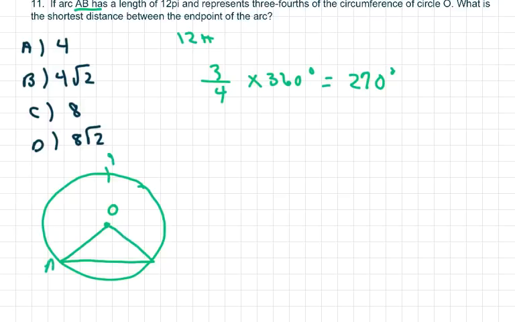So this is A, B, and there's your O. Now, because 3/4 of the full circumference is 12 pi, the full circumference is 16 pi. So if you take 4 over 3 times 12, it's not pi, it's just 4. You're just flipping it in reciprocal, and that gives you 16 pi.